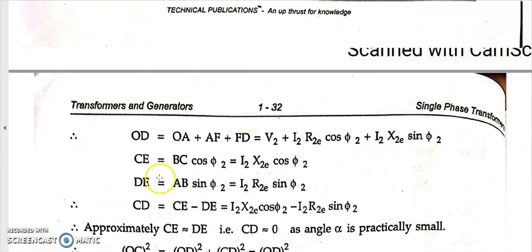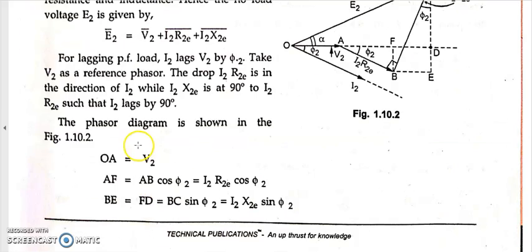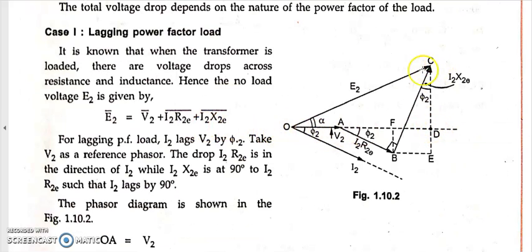Till here we have got OD is equal to OA plus AF plus FD, and again I can replace all of these terms. Now we came to know that OD is equal to OC, and OC value is E2.